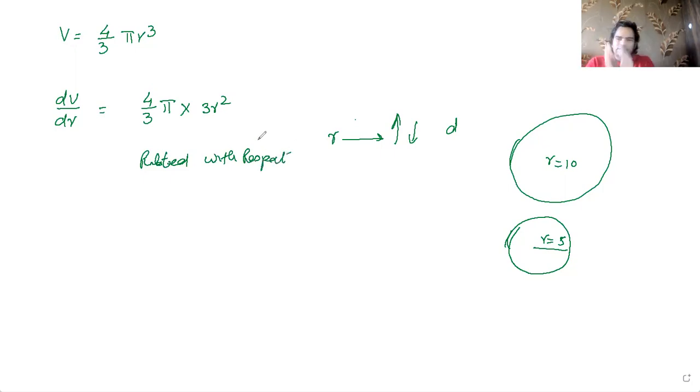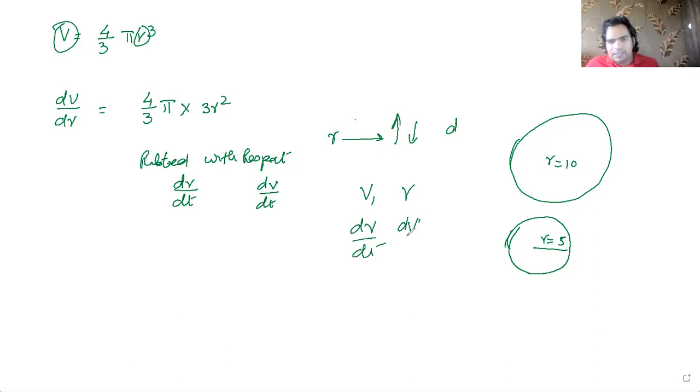In this, they will give us some of four quantities. For example, volume, radius, the rate of change of radius, referred to as dr by dt, and the rate of change of volume, dV by dt. They might give some of these and ask us to find the others.